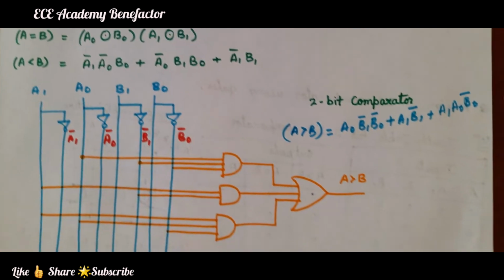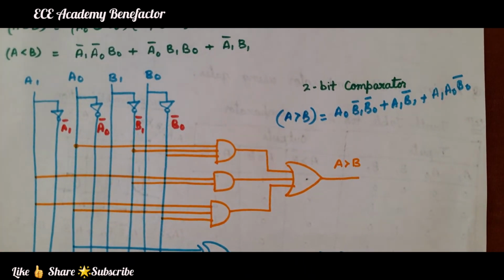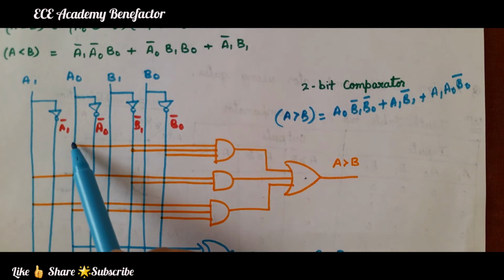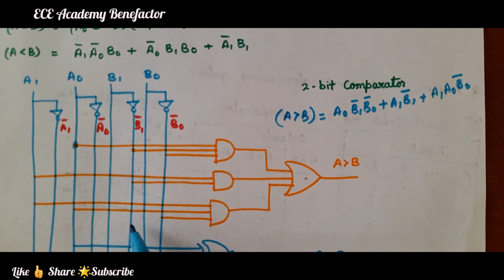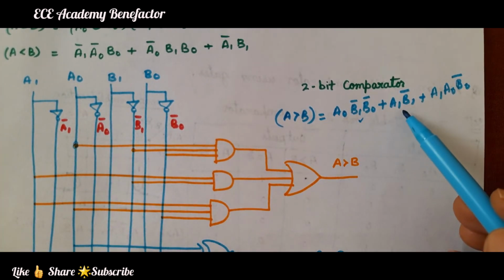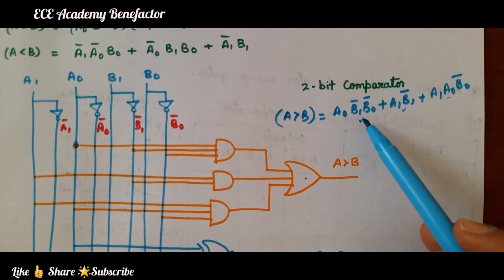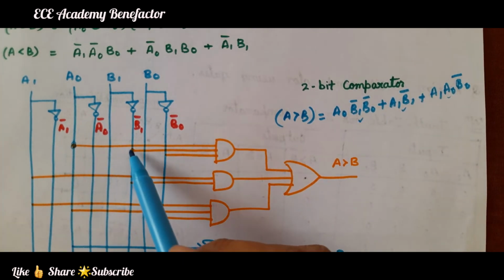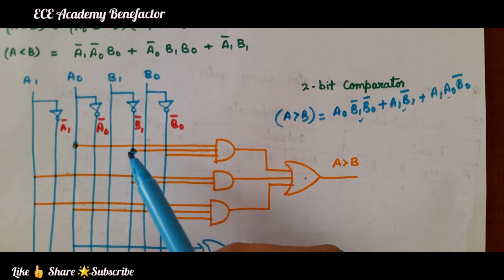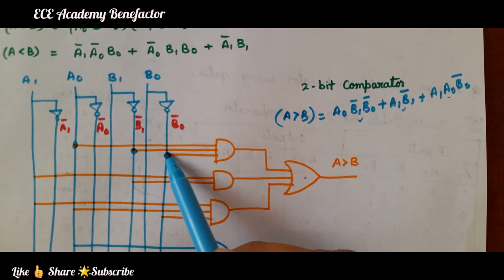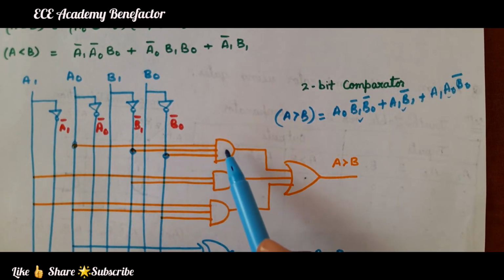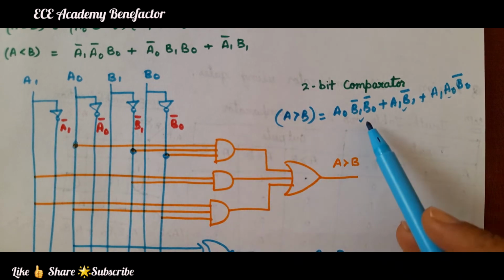Okay, this is the expression. So A0 is here. We need three AND gates, 1, 2 and 3. First AND gate: A0, B1 bar, B0 bar. It goes to the first AND gate and we get this term.